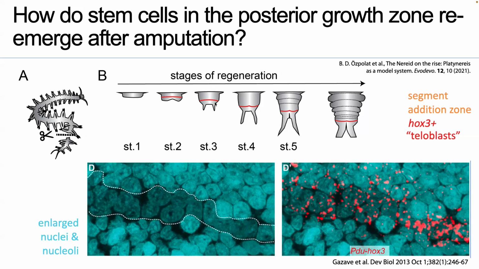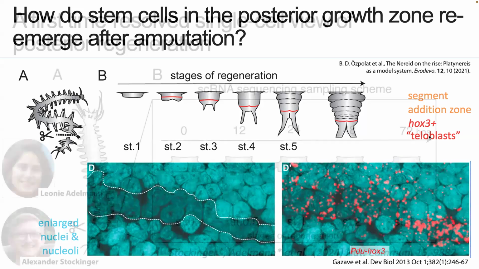For this, we've made use of markers, in particular a well-established marker for this stem cell population called HOX3. It's a homeobox gene which defines the so-called posterior teloblasts, the stem cell region I've been talking about. So we've taken an approach using regenerates of this annelid worm and tracking by mapping the expression of HOX3 when and where the stem cells would emerge.